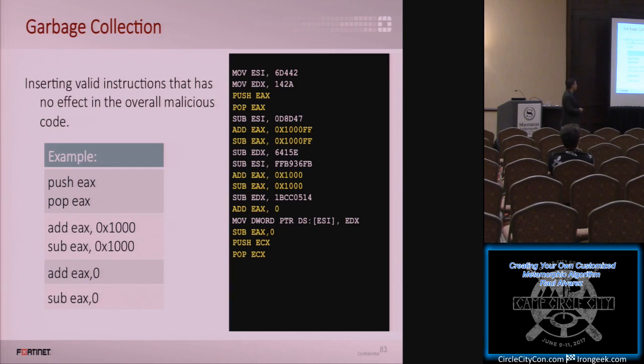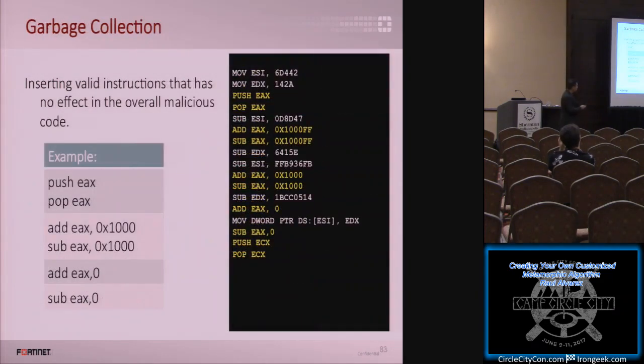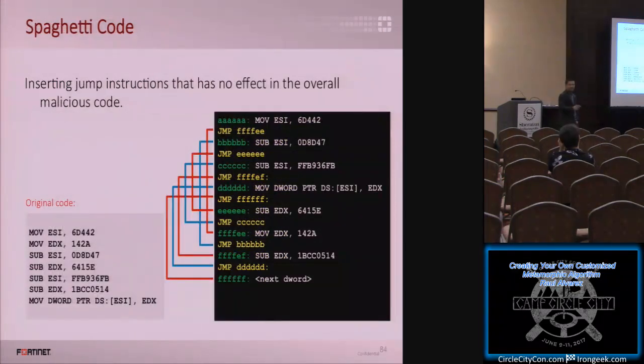Even though they are executable, they are irrelevant to the actual code. So we just made that particular part longer, and it will slow down the researcher, which is supposed to be me.